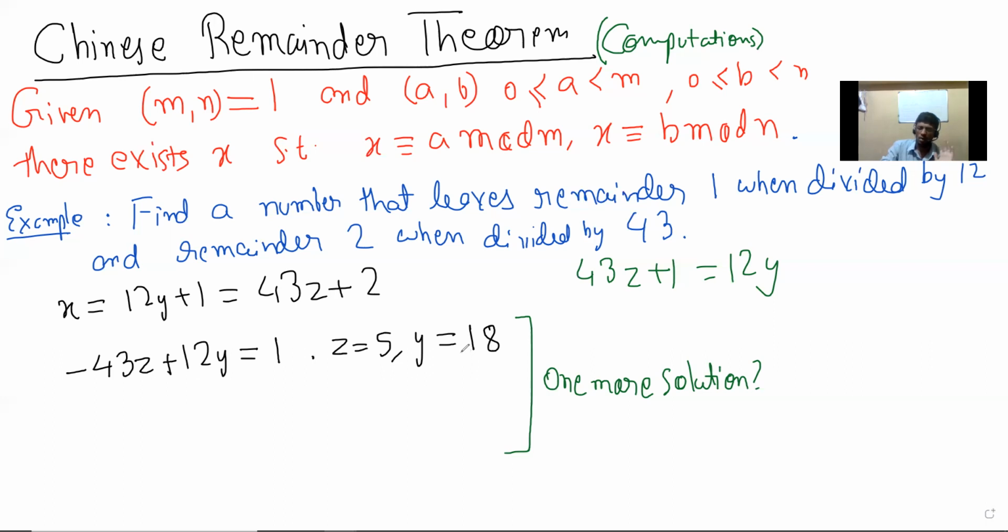Okay. So you're saying 5 plus 43 into 12. Like this. No?